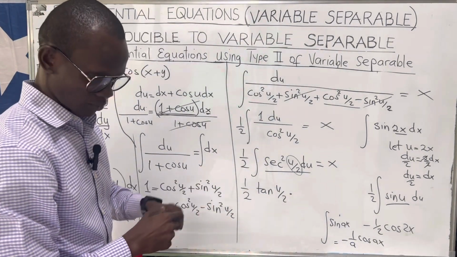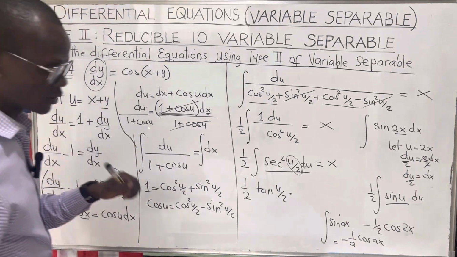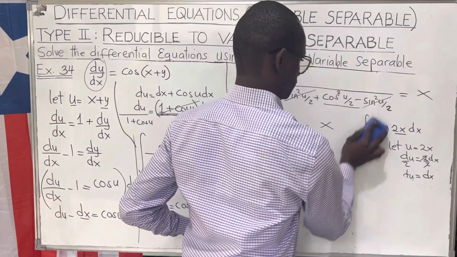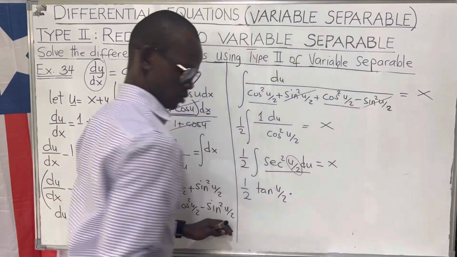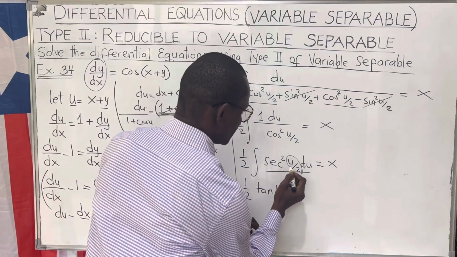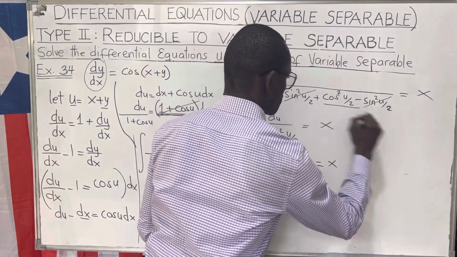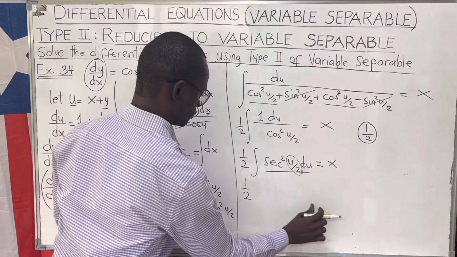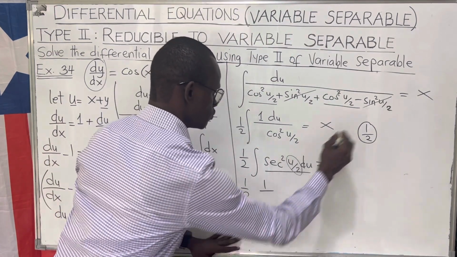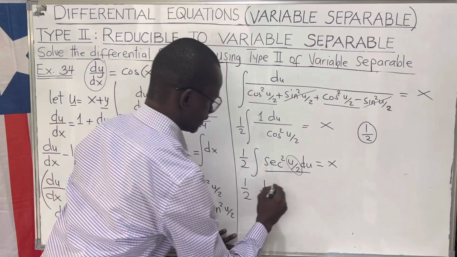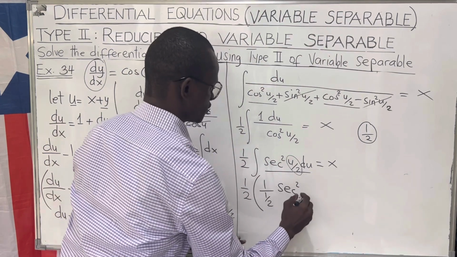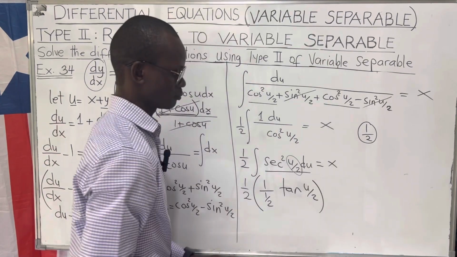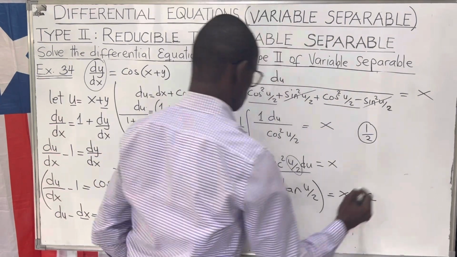The same thing applies here. So remember, our a right here is 1 over 2. This is our a, 1 over 2. So this must be 1 over a, which is now 1 over 1 over 2. Then we have tangent of u over 2 equals x plus some arbitrary constant.